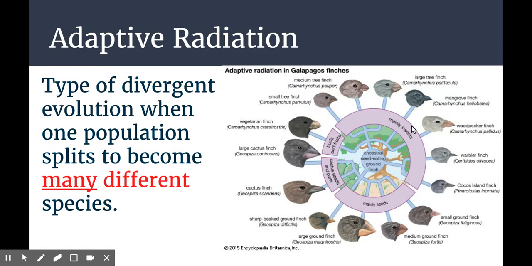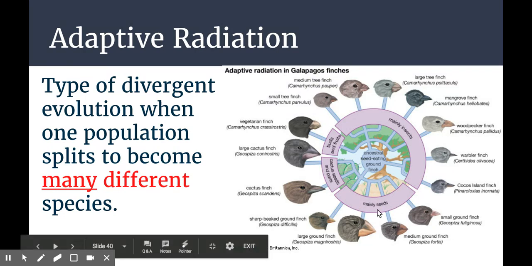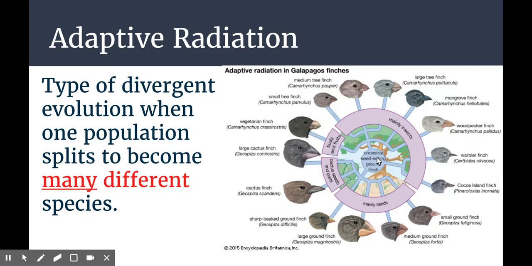So for example, birds that were eating mainly insects ended up with kind of these shorter and wider beaks up top here. Some of them developed very thin beaks for being able to pull insects out of there. You have seed eating, so depending on the size of the seeds, we get different sized beaks in our finches. We have our cactus seed eating, so again, distinctive beak to be able to deal with that. And we also have buds and fruits, so again, distinctive beak to deal with that.